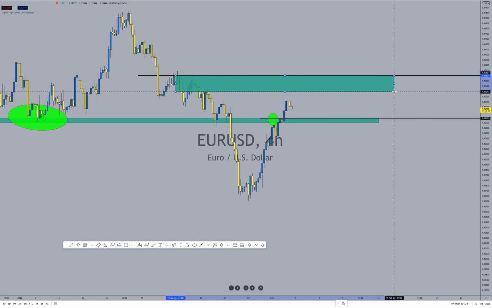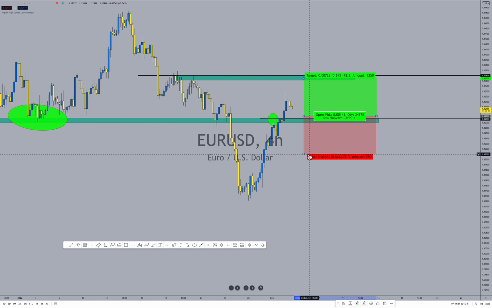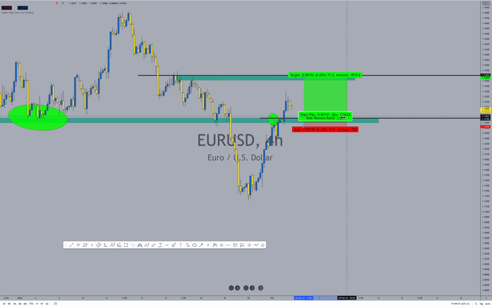So this is our obvious target, and we're looking at possibly about 72 pips with a risk to reward ratio of 1 to 3, right?